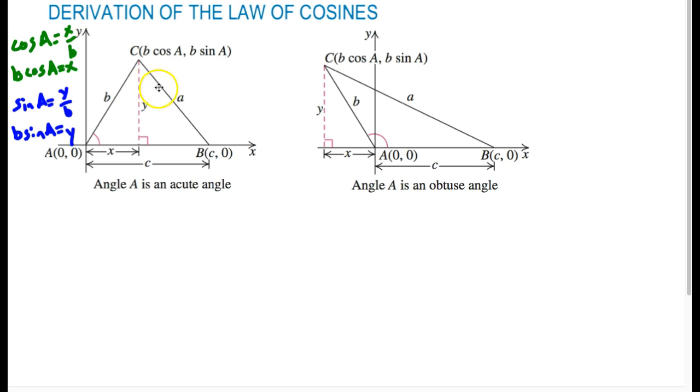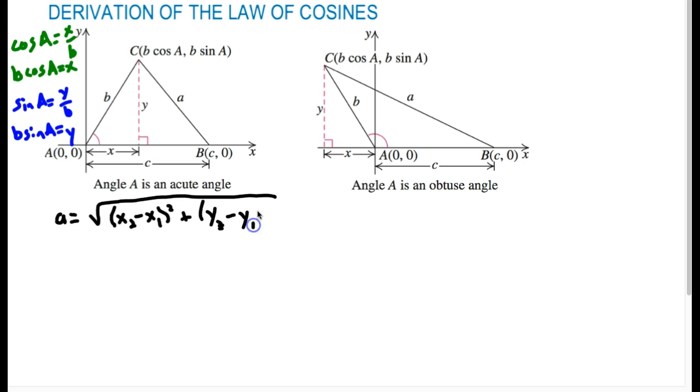Now let's say that our goal is to find the length of side a. Well, to do that, we can use the distance formula. Right? And the distance formula is just a form of the Pythagorean theorem, but we know that, so let's say our goal is to find the length of a. The distance formula looks like this: the square root of x2 minus x1 squared plus y2 minus y1 squared.